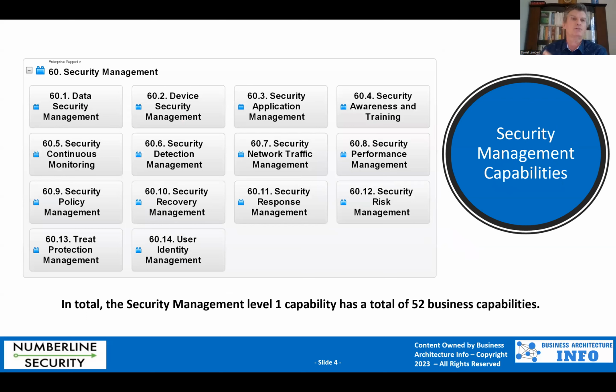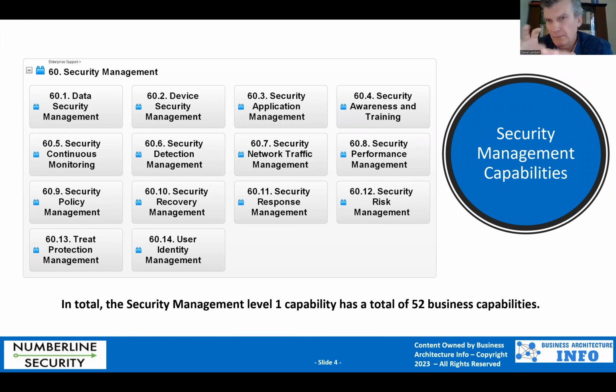It involves data and device security management, security application management, security awareness and training, continuous monitoring, detection management, network traffic management, performance management, policy, recovery, response management, risk management, threat protection management, user identity management, and everything that has to do with access.